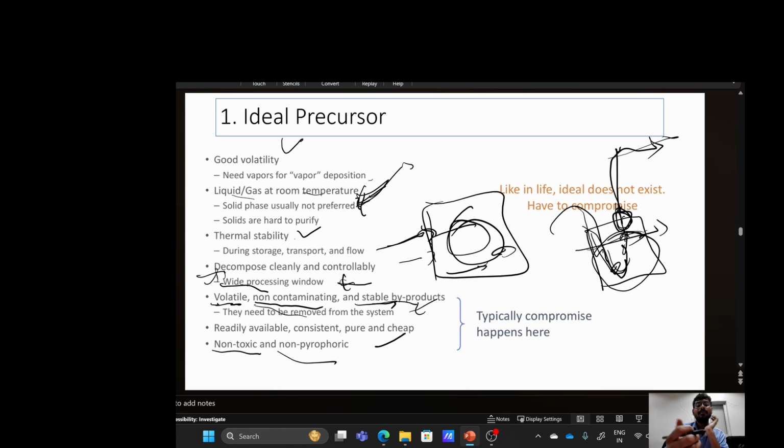We will again see this in ALD. In ALD you will get a flavor of the toxicity and pyrophoricity, because at that point we require a highly reactive precursor, so the process can be carried out at lower temperatures.